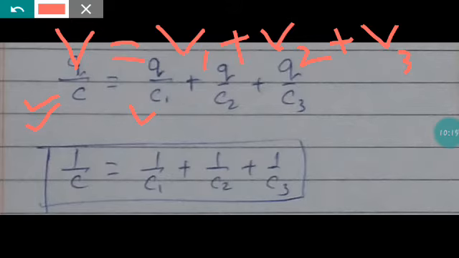You can write plus Q if you have taken plus Q. So Q upon C1, Q upon C2, and Q upon C3 for V3. For V2 it is Q upon C2 and for V1 it is Q upon C1. Charges are the same on all the capacitors. So Q is taken common and cancels out, and we will have this formula.